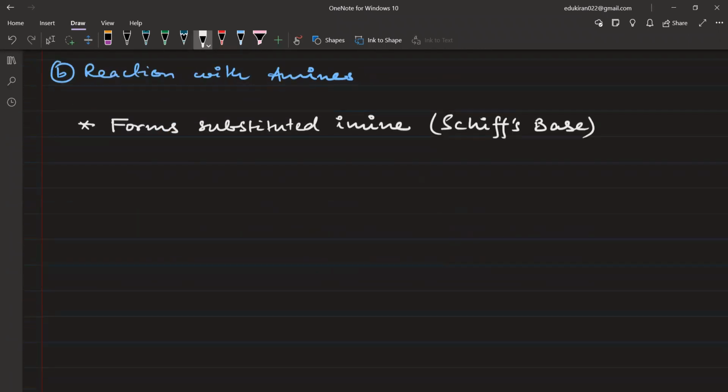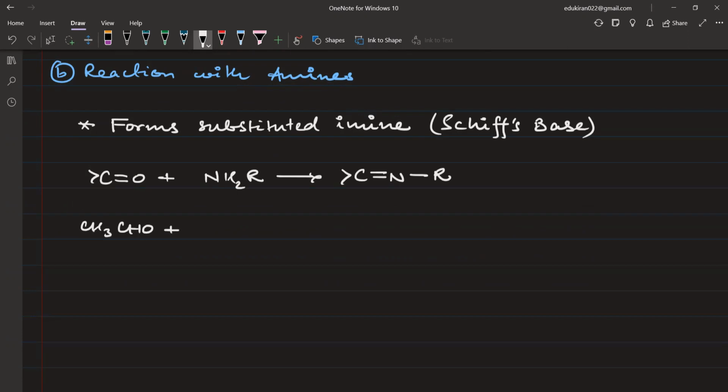Now in general, C double bond O plus NH2, some alkyl group R. In the product, you will have C double bond N. What is the Z in this case? It is R. So N bonded to Z. Specifically speaking, if you have CH3CHO plus NH2CH3, then in this case, we'll have CH3, CH, double bond N. The Z in this case is CH3.